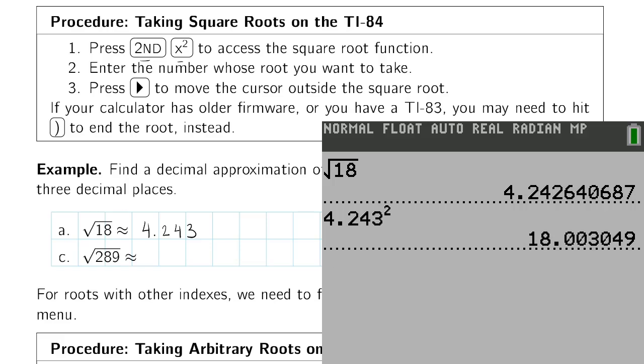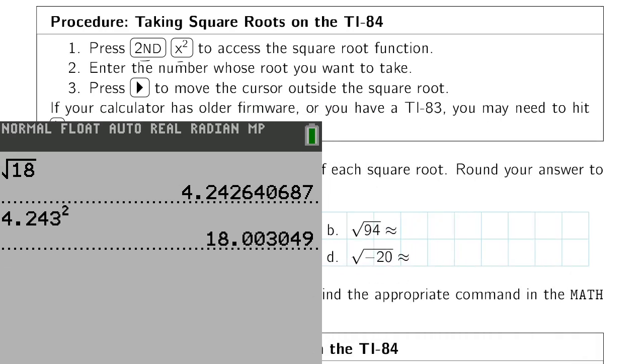Also notice that the symbol we have here is this sort of squiggly equals sign. This symbol means approximately equal. So we'll use that symbol instead of a real equals sign when the decimal we've written represents a rounded approximation.